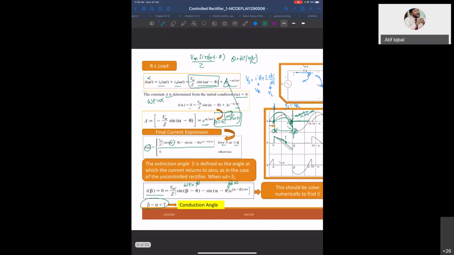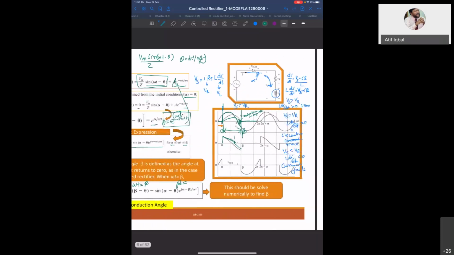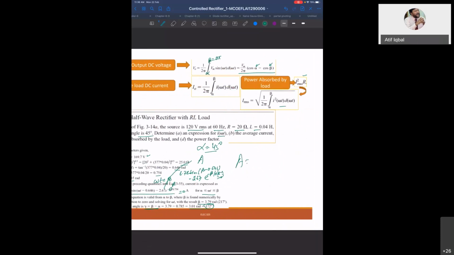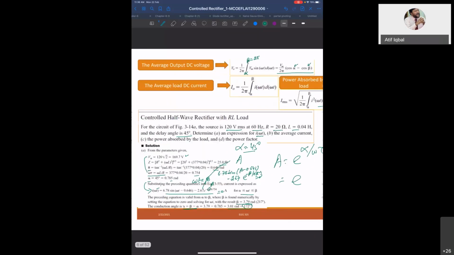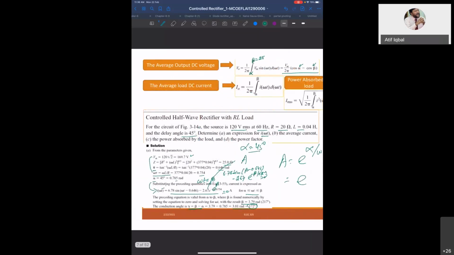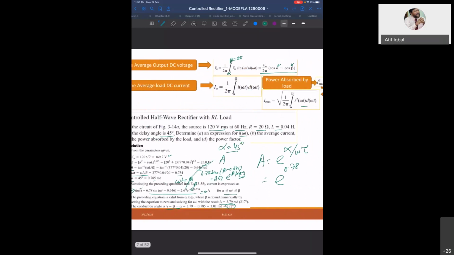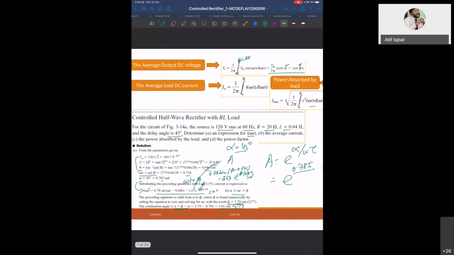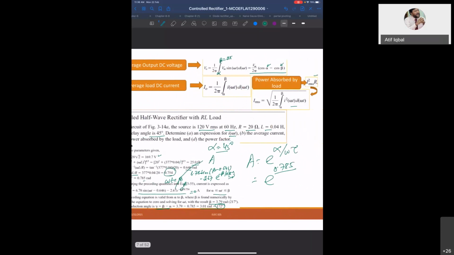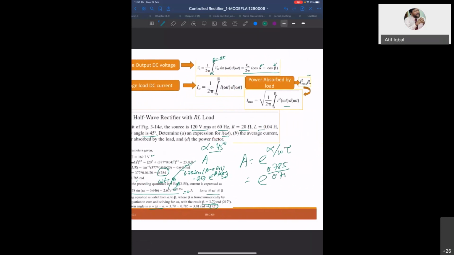A is equal to e to the power of alpha by omega tau. Alpha is 45 degrees, so the radian value is 0.785, divided by omega tau, which is calculated as 0.754. This is A.